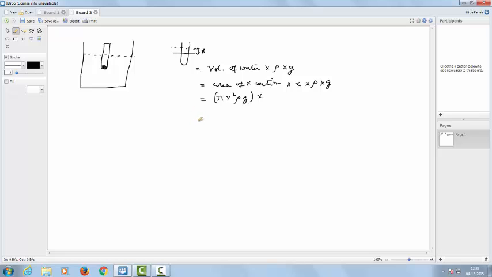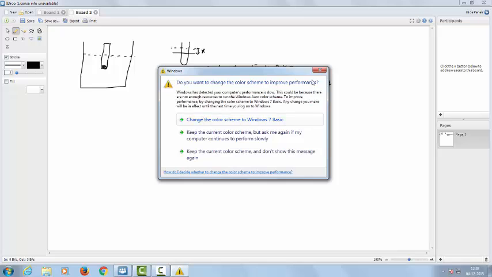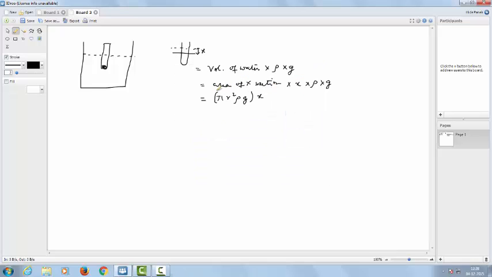This is the restoring force, so we can write it as equal to minus mass of the test tube with its content multiplied by d2x over dt squared.